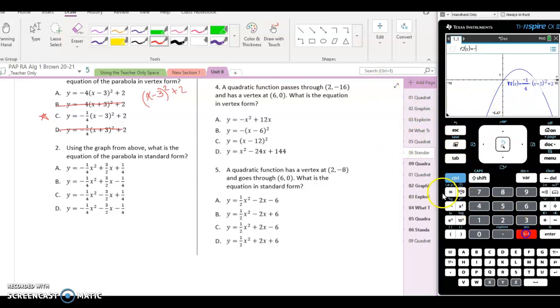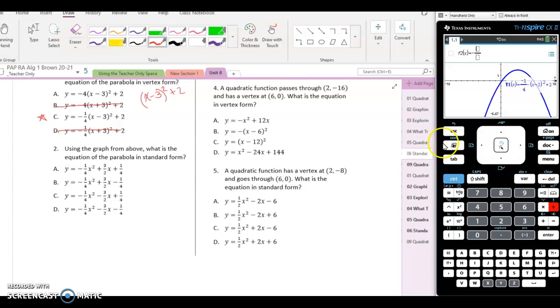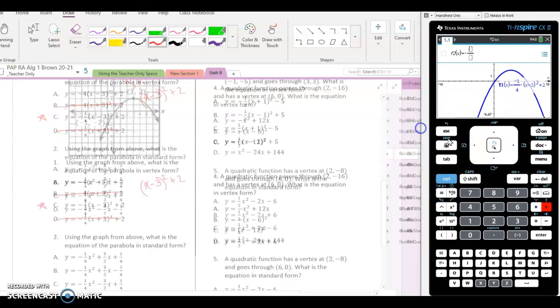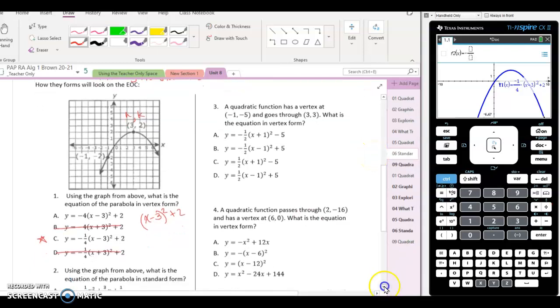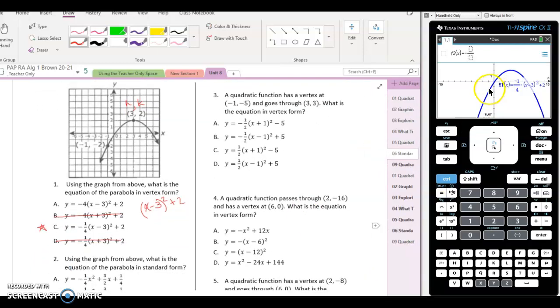So we're going to do a negative, control divide, because we need a fraction, right?